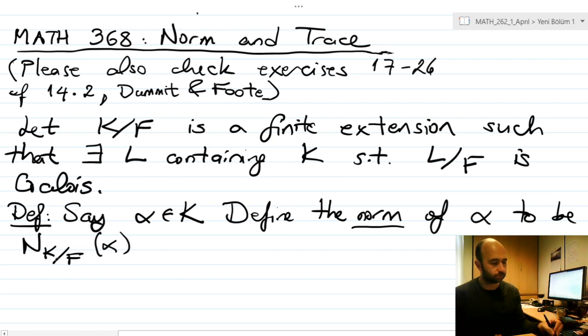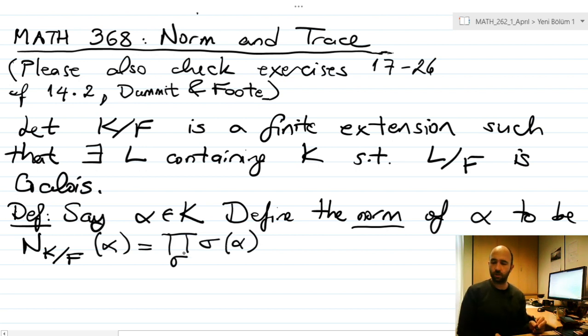It's the norm from K to F, so it's very important to specify which field extension you're talking about. Okay, now from K to F, it's a product of sigma of alpha, where this sigma ranges over all embeddings of K.